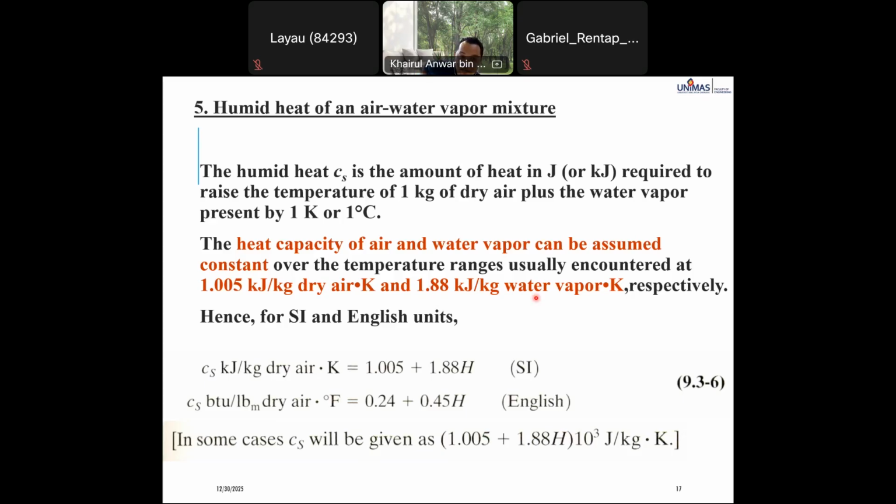So this refers to the heat capacity of air and water vapor. Okay, heat capacity of liquid.